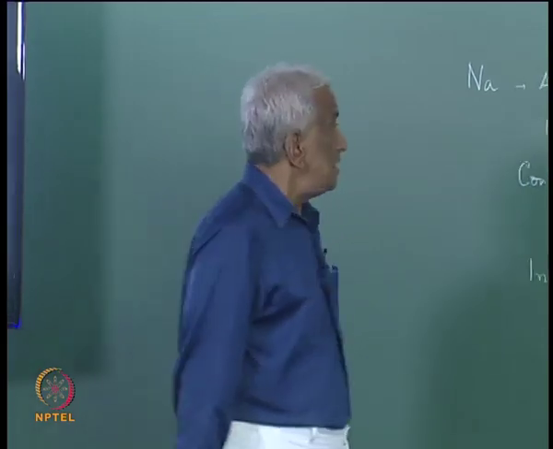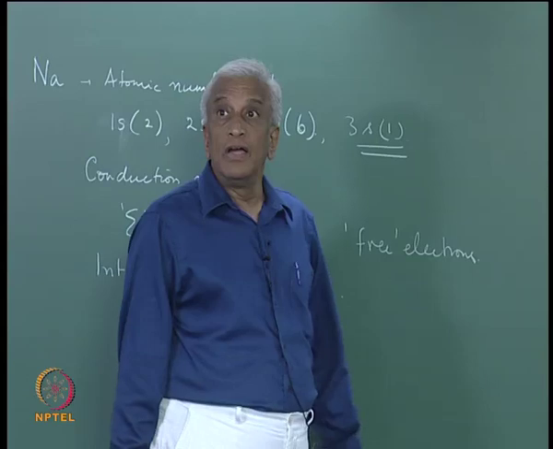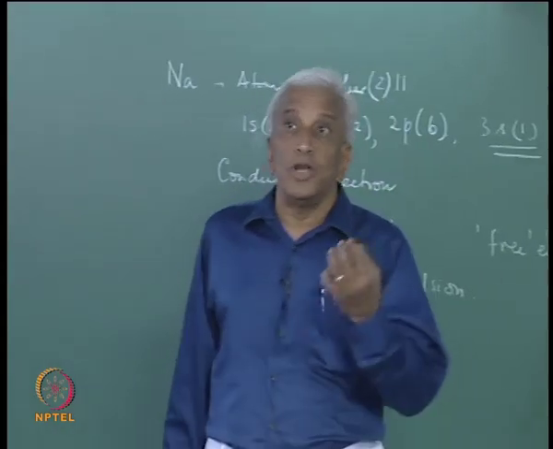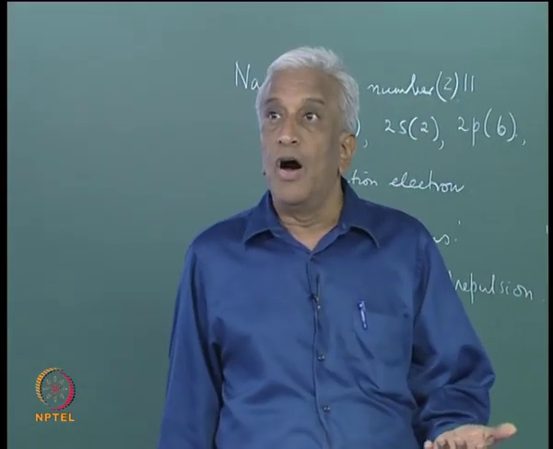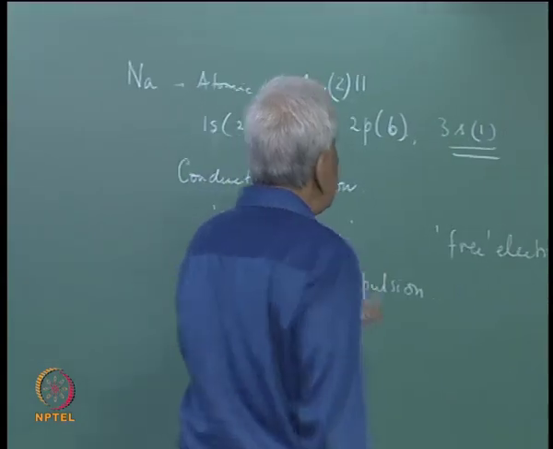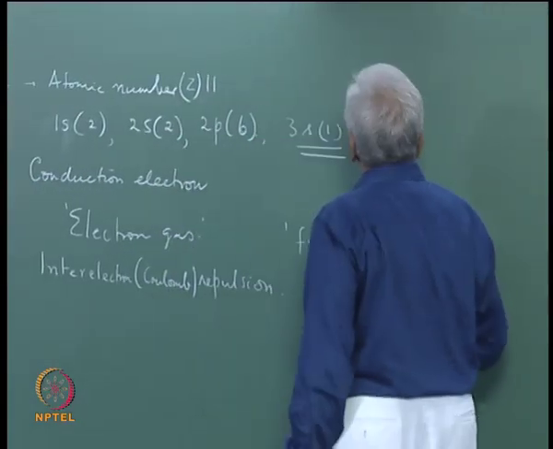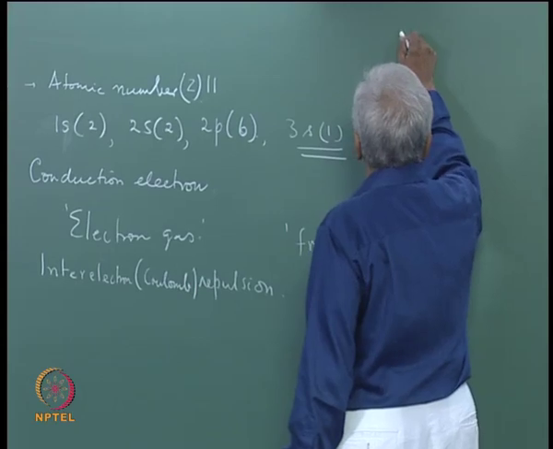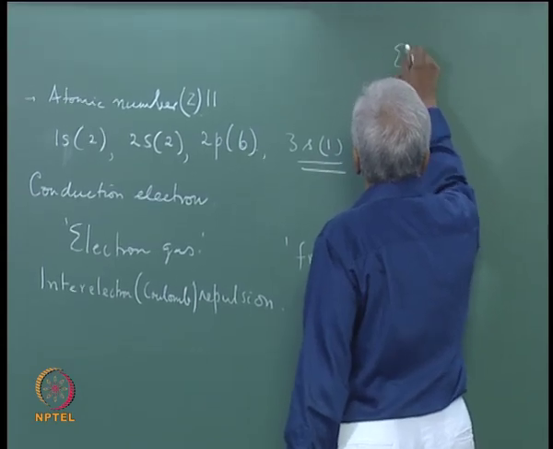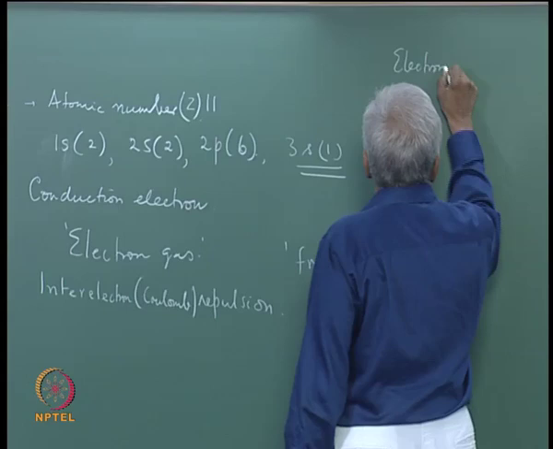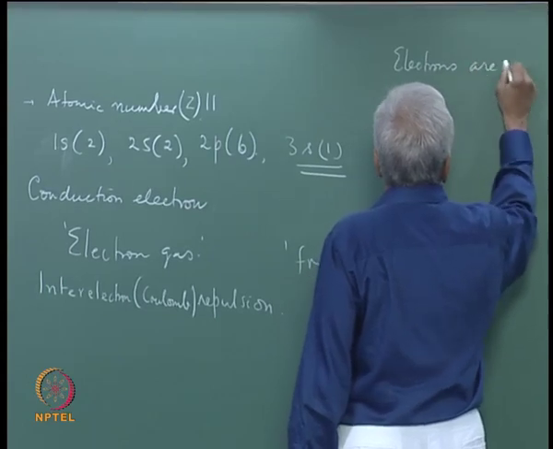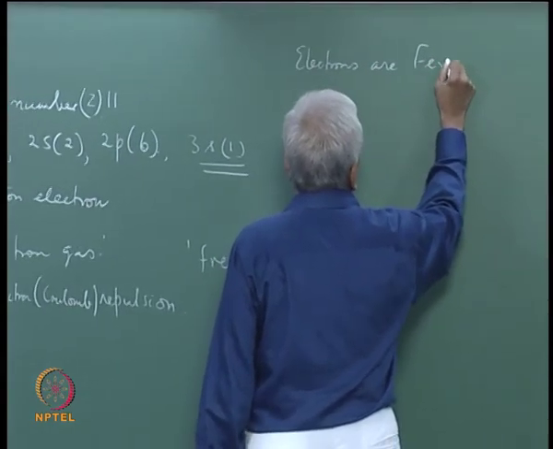Only thing is, the ideal gas molecules or atoms are classical particles, whereas electrons are quantum particles known as fermions.